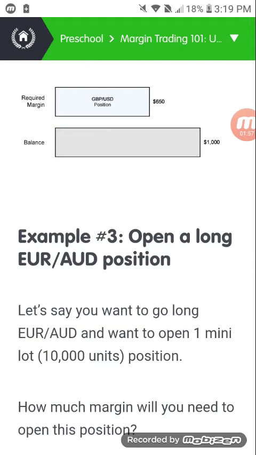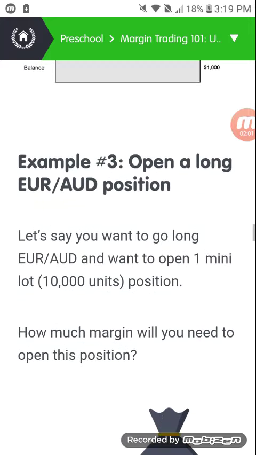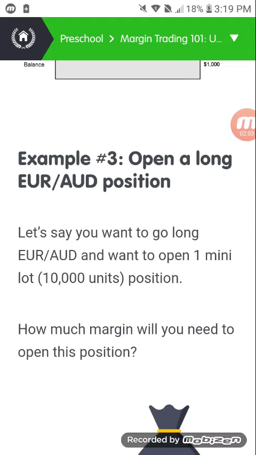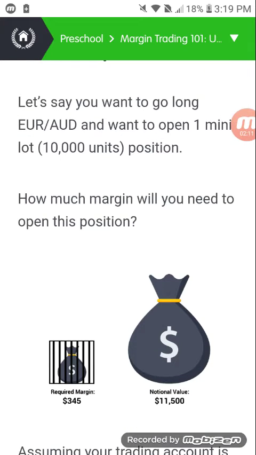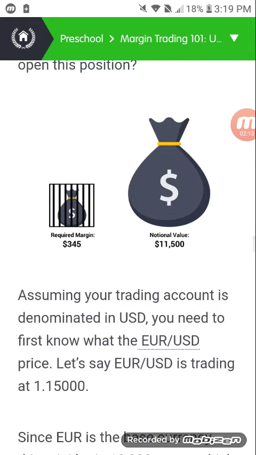So let's open another position and look at another example of a Euro/Aussie position. Let's say you want to go long Euro/Aussie and you want to open one mini lot, which is 10,000 units as a position. How much margin will you need to open this position? Assuming that your trading account is denominated in USD, you need to first know what the EURUSD price is.